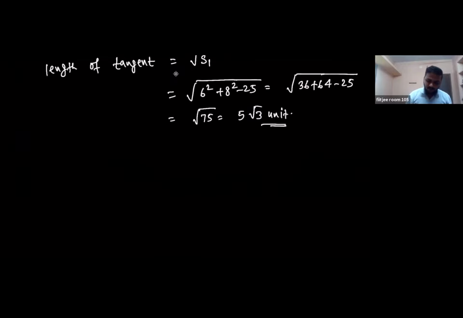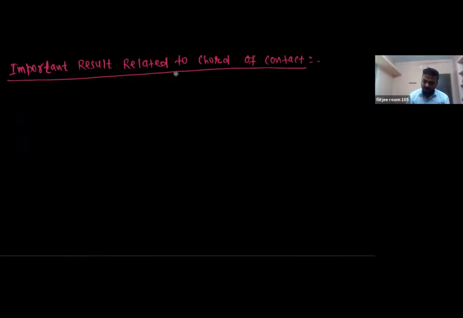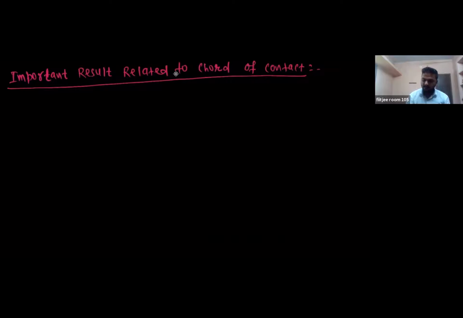So write down the next heading: important result related to chord of contact. So we will derive actually 5 results, and obviously all these results are very important. So let's start it.